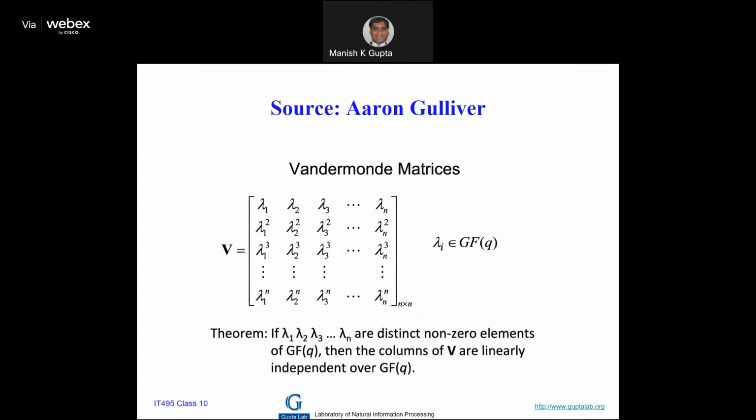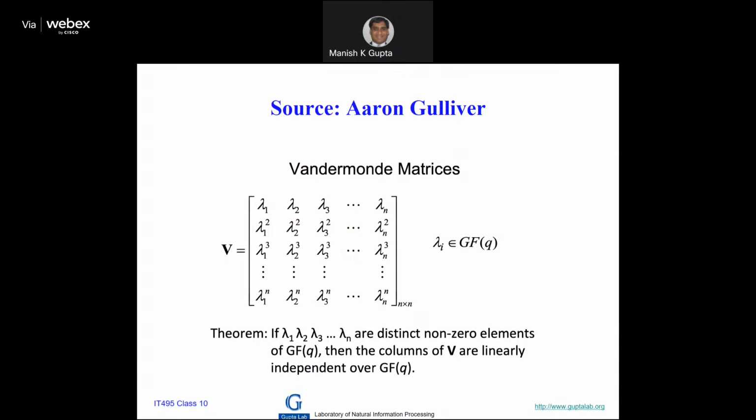The lambda i's are distinct non-zero elements of the finite field GF(q), with q elements. You can take alpha, alpha square, alpha cube, whatever. They should be distinct, right? Then you square them, cube them, and so on, up to the power n, and get an n by n matrix, where the lambda i's belong to GF(q).